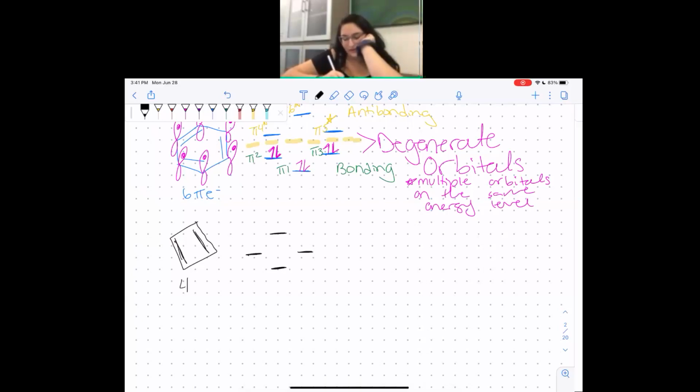Now we have 4 pi electrons. So we start down here, 1, 2. These 2 orbitals are degenerate, so we go 1, 2, and now we're out of electrons.